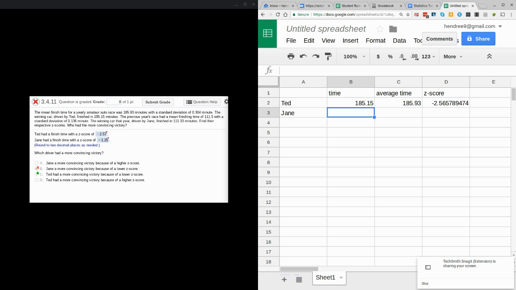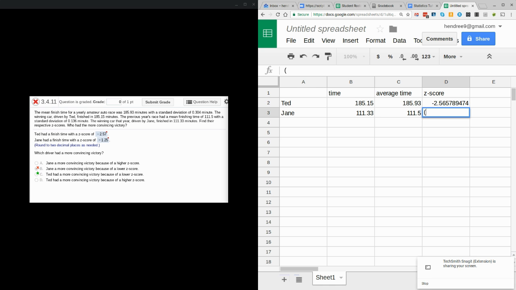Now let's do Jane. Jane finished with 111.33 minutes, but the average time her year was 111.5. And we're just going to do the same z-score computation in the same way.